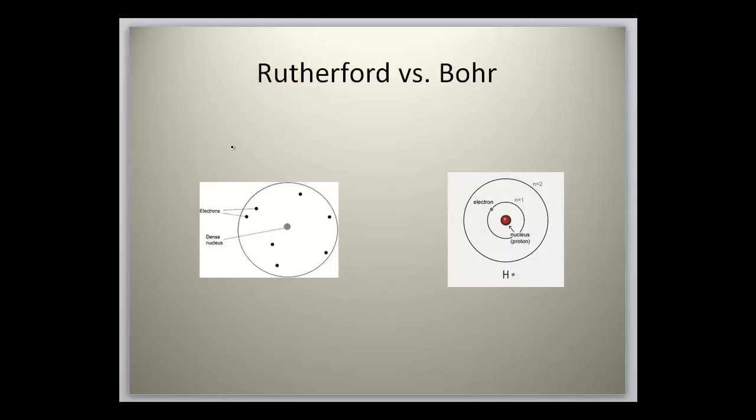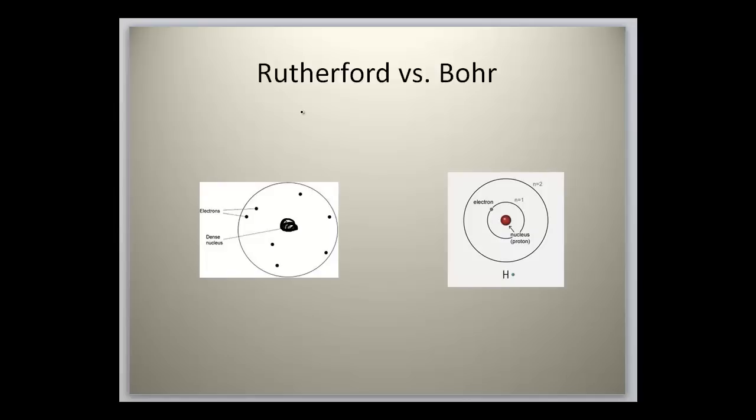If you remember from our previous unit, Rutherford basically said that the nucleus of the atom is very dense. It's where just about all of the mass is located. And then he said the electrons are outside that nucleus. Rutherford didn't say anything about where those electrons were or what was keeping them outside the nucleus.